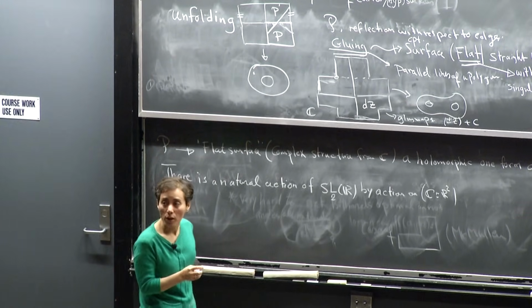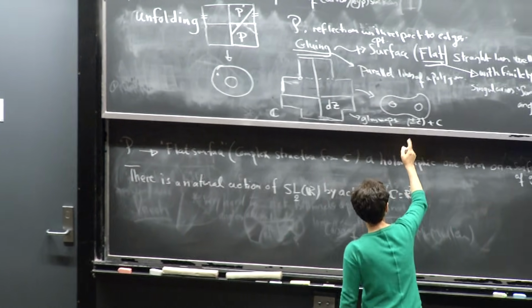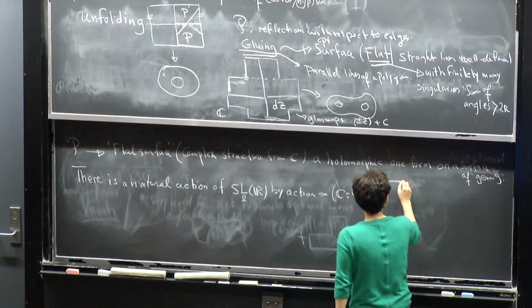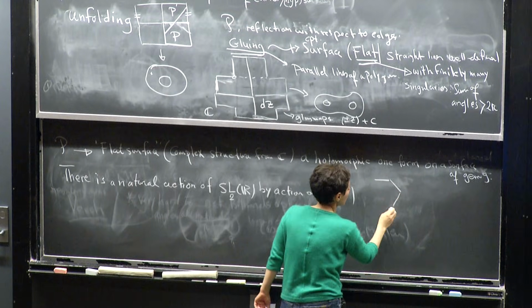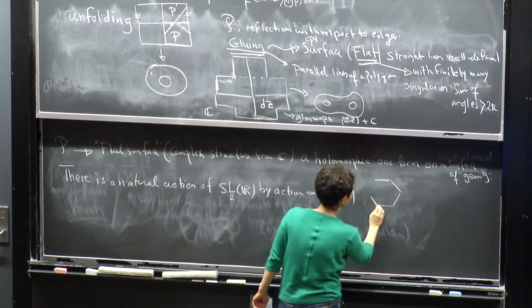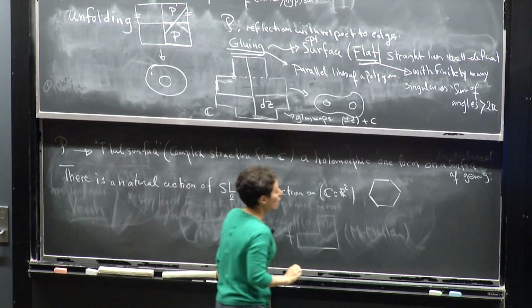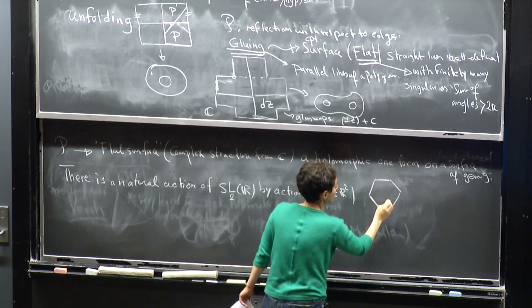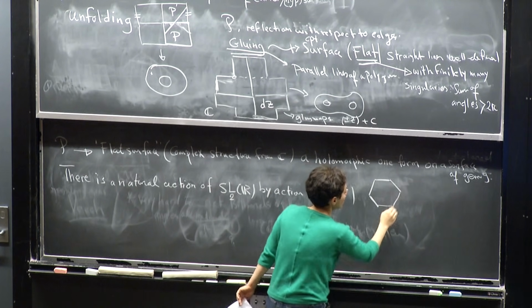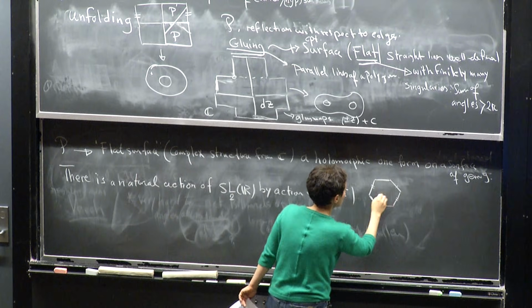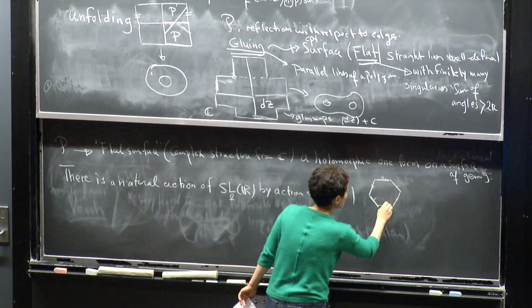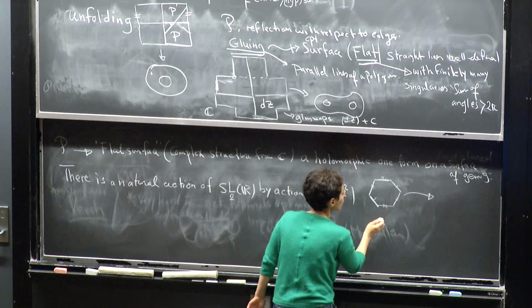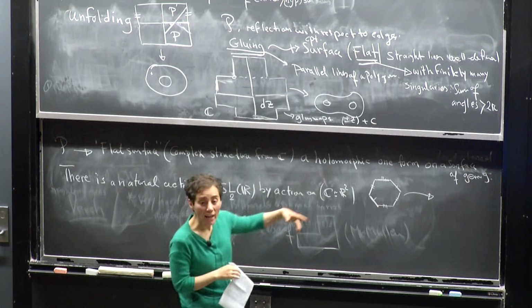One picture of this would be if you have a regular n-gon, and you are gluing the parallel edges of it. You want to see what happens if you act by SL2R.